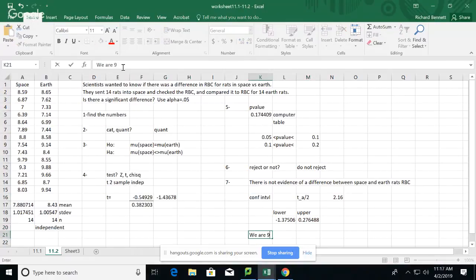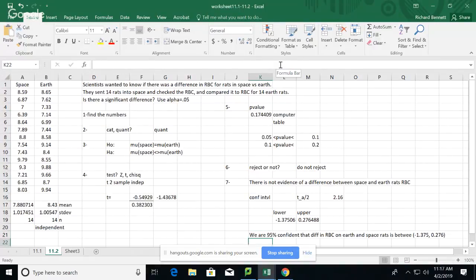We are 95% confident that the difference in red blood cell count on Earth and space rats is between negative 0.1375 and 0.0276.